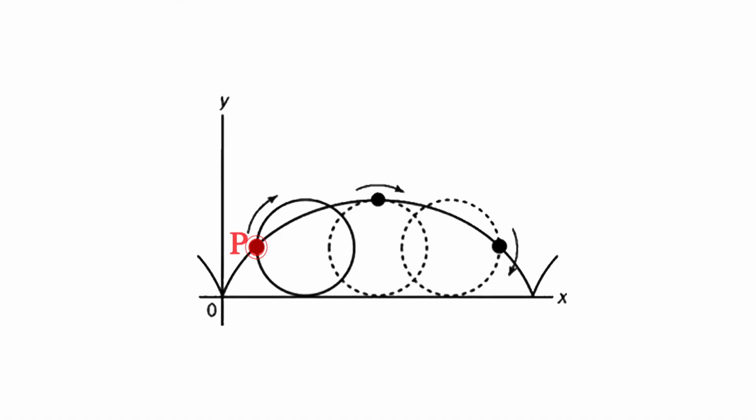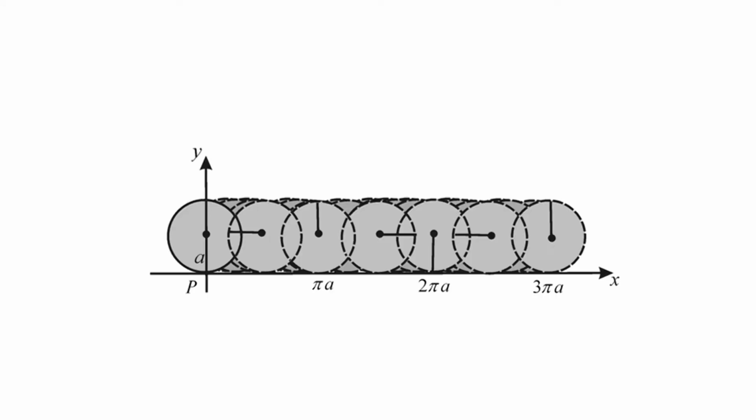Suppose a wheel of radius a rolls along a horizontal straight line. We find parametric equations for the path of the cycloid traced by a point P on the wheel's circumference. To obtain parametric equations for the cycloid, let us assume that the wheel has radius a and rolls along the positive x axis of a rectangular coordinate system.